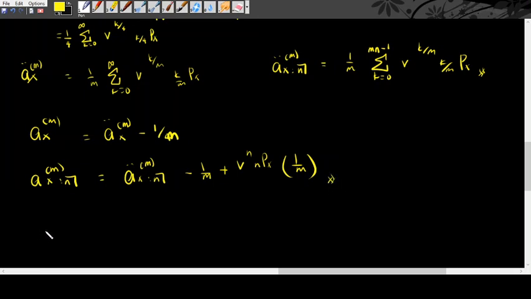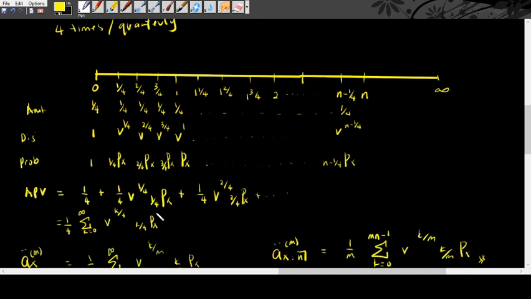And for the deferred case for the annuity immediate, it's still similar, it's just that the payment period will start from here rather than here.